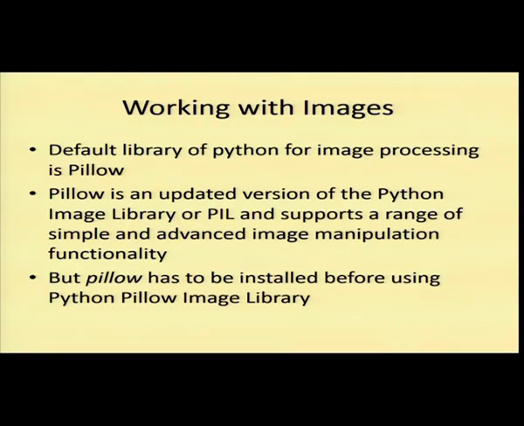Then the next topic is how to work with images. In the earlier sessions, we had seen a topic on event driven programming, wherein we were able to capture certain images and work it out. How to work with images using a library called Pillow.